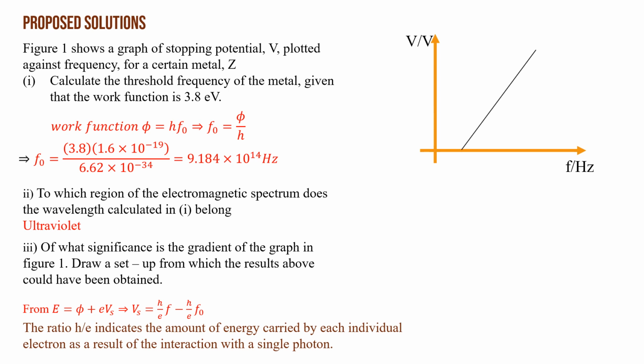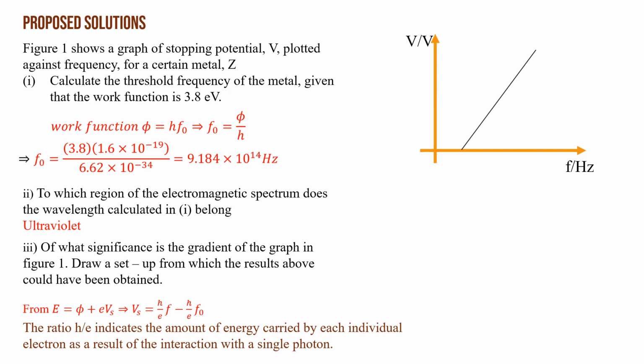Now, the work function phi is equal to h f naught. This means that the threshold frequency will be the work function divided by the Planck's constant. And so f naught, numerical application: we are given the work function is 3.8 electron volts.